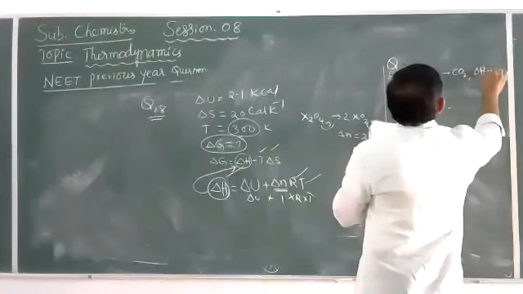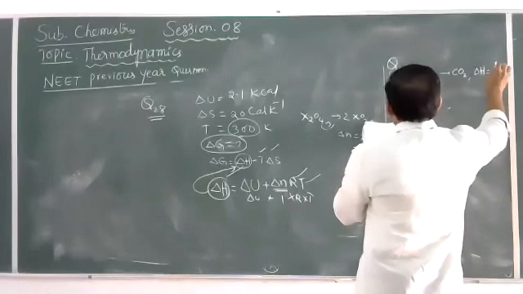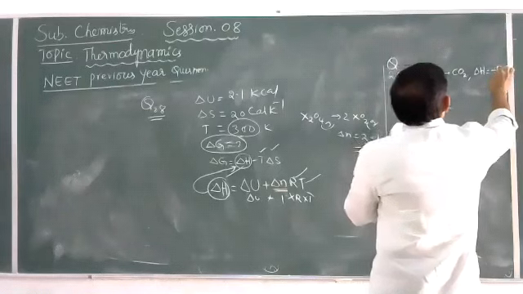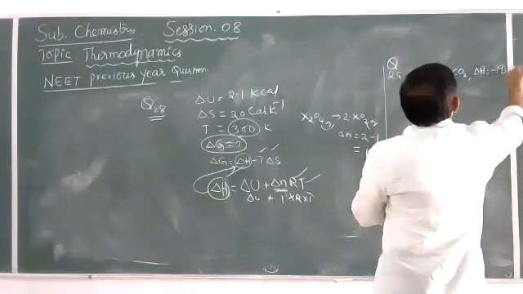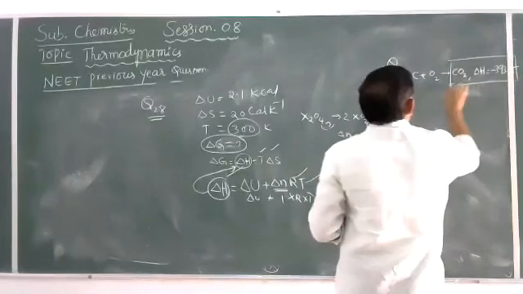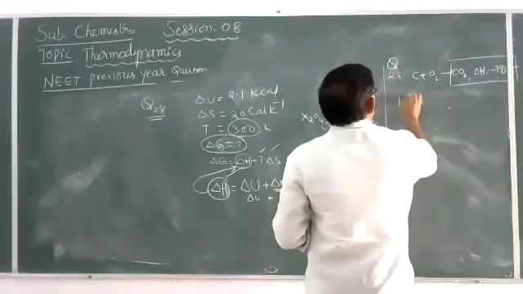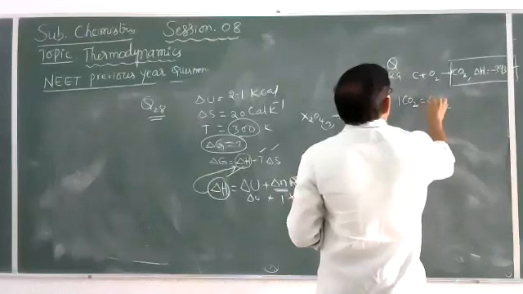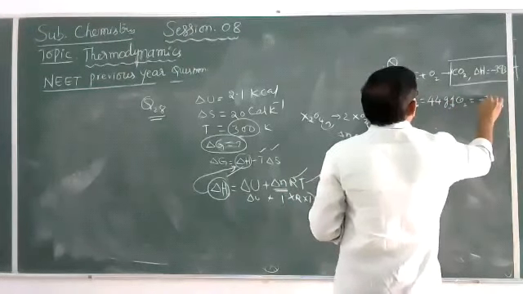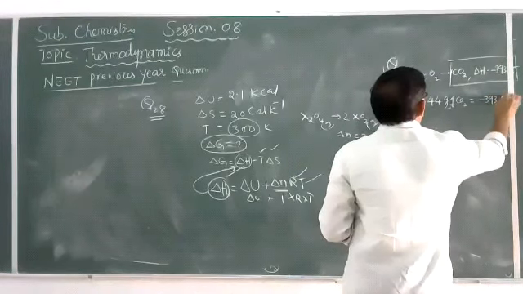The liberated value is minus 393.5 kilojoules. Our relation is that the delta H value is given for 1 mole, and 1 mole of CO2 means 44 grams of CO2.